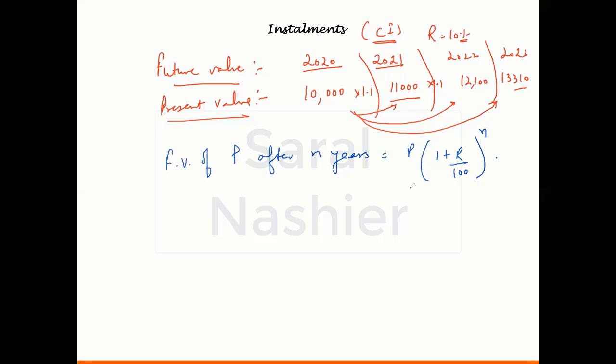And when I talk about the present value, you can say that the present value of P into (1 plus R by 100) raised to the power n, n years before, is equal to P.